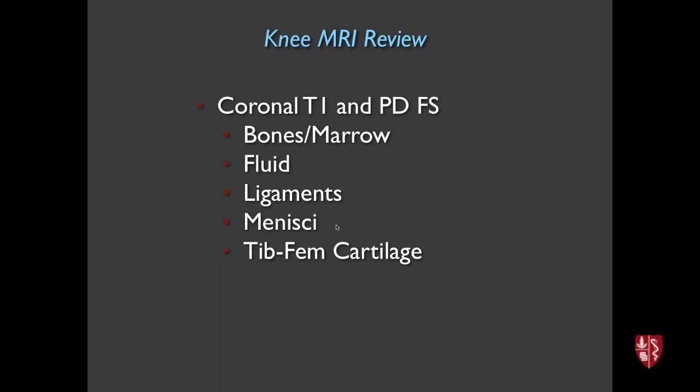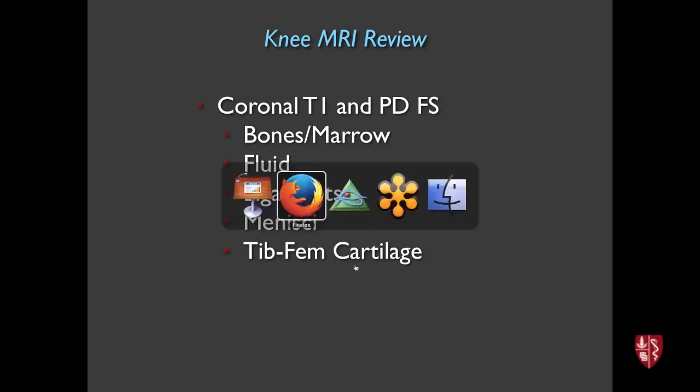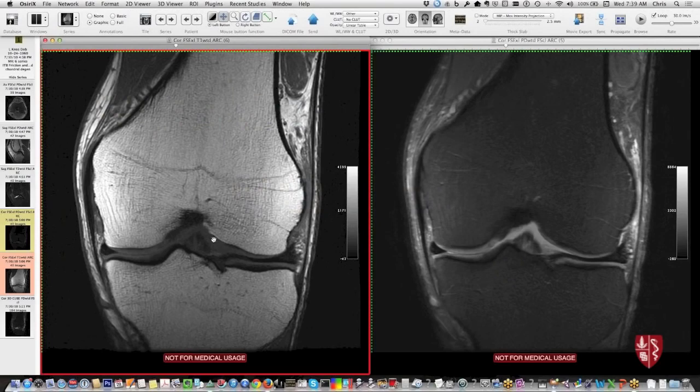So instead of starting out by saying I'm going to look at the cartilage or the menisci, I go through this scan plane and look at all these different aspects of it. Let's leave it at that for the coronal images now, and we'll go to a scan.